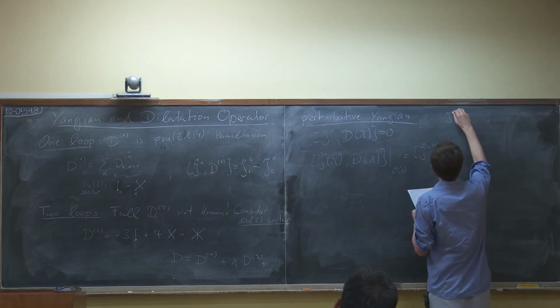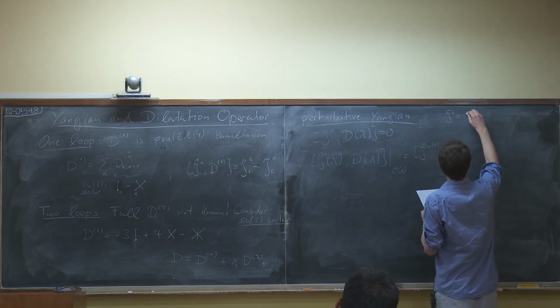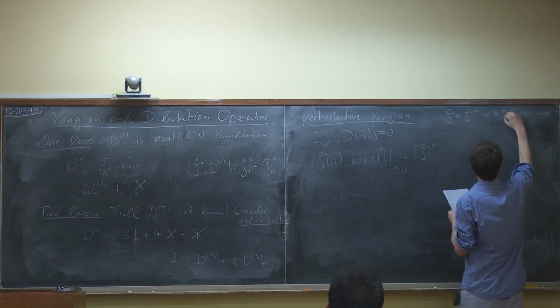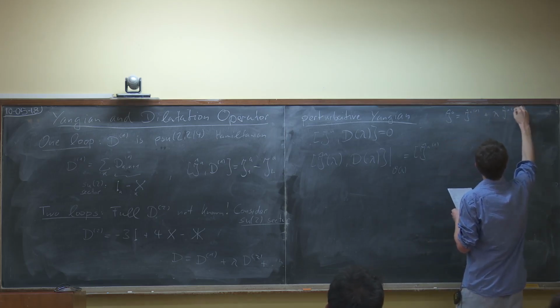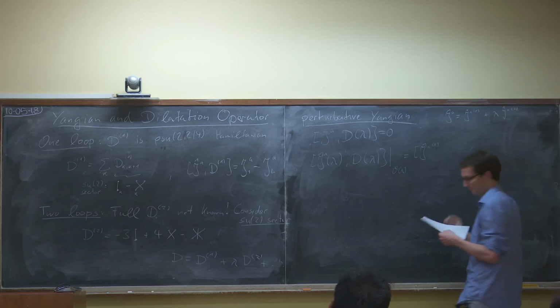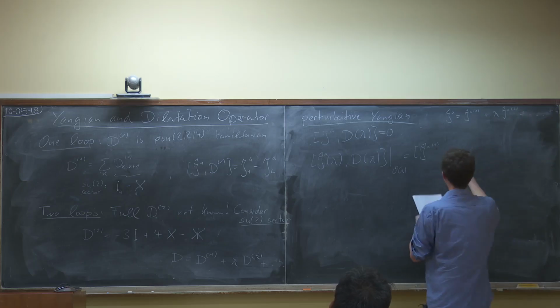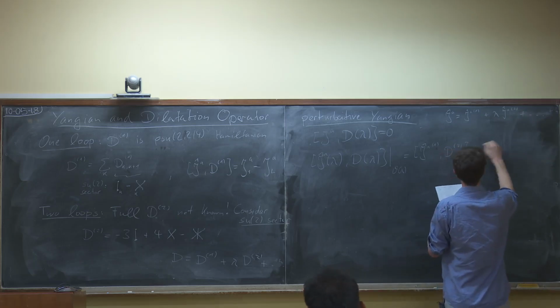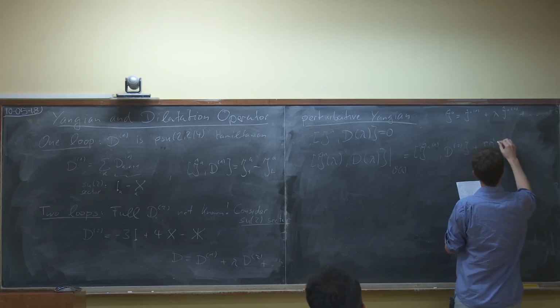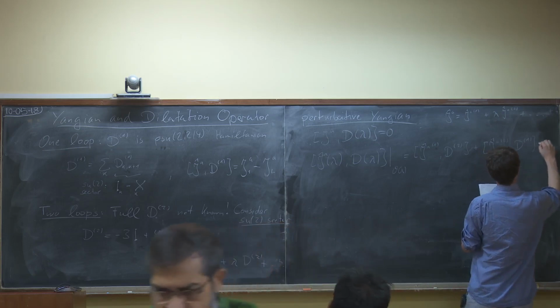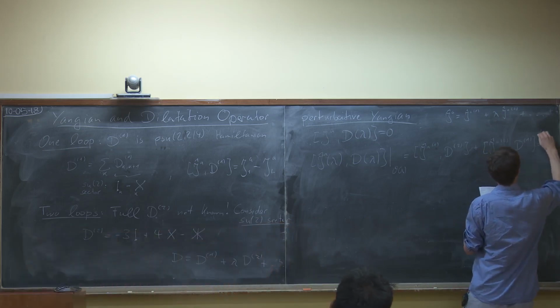So J hat will now also be J1 plus lambda J2, and so on. So I have a slightly more complicated constraint equation, and this will be 0 again up to boundary terms.